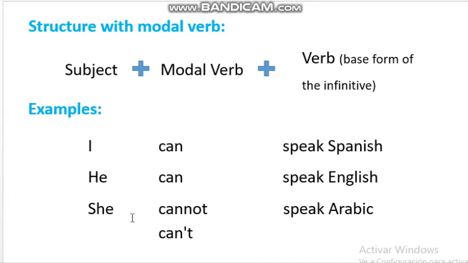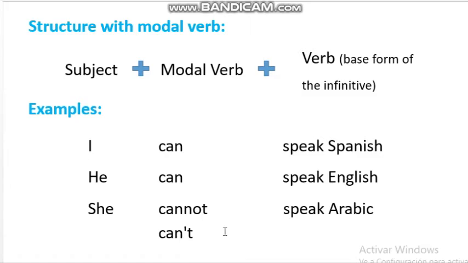Now we are going to see the negative. She cannot speak Arabic. She can't speak Arabic. Cannot and can't are the same.